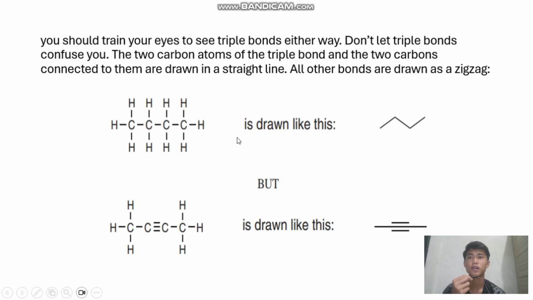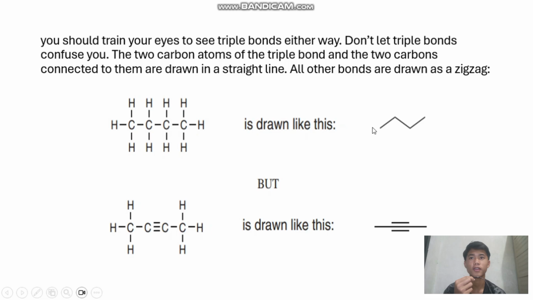Now we have four carbon atoms. This is drawn like this. Let's count 1, 2, 3, 4. And every carbon has hydrogens. In this case, we have 1, 2, 3, 4, 5, 6, 7, 8, 9, 10.